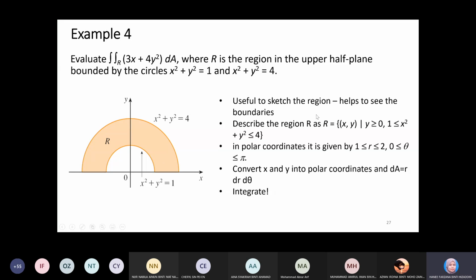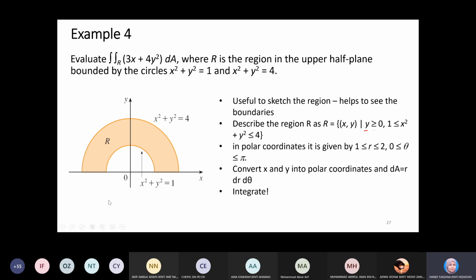First, we sketch the region. Always sketch a region, it helps to see the boundaries. Then we describe the region R. Now y is just greater than 0 because everything lies on the positive side of the y-axis.